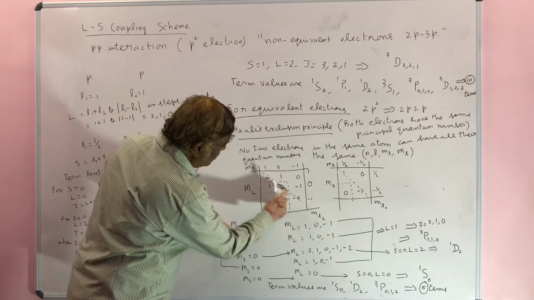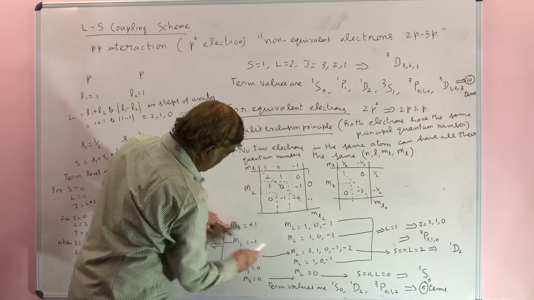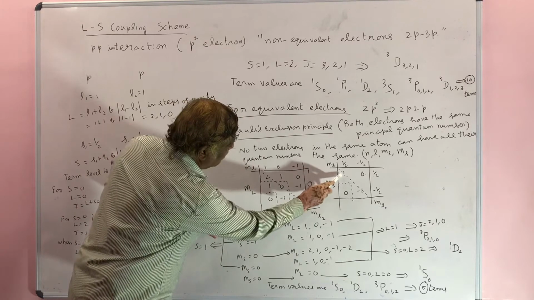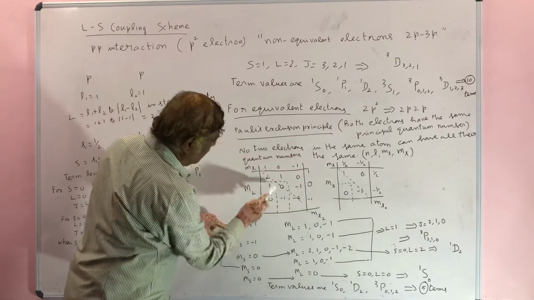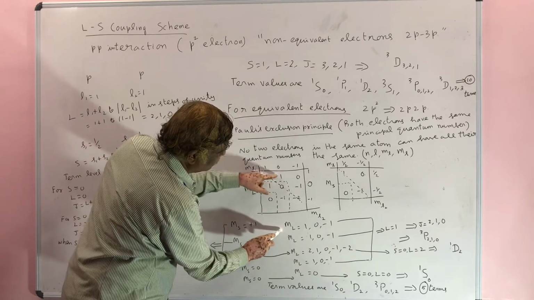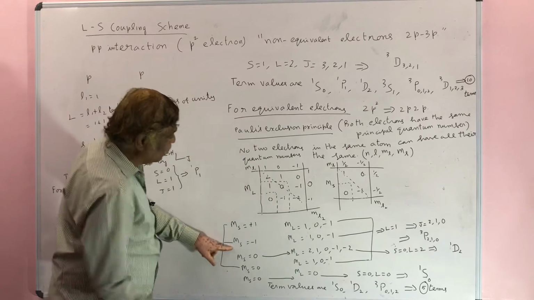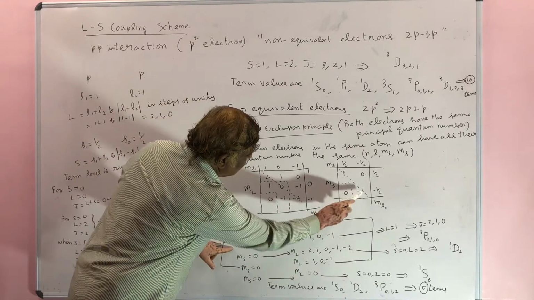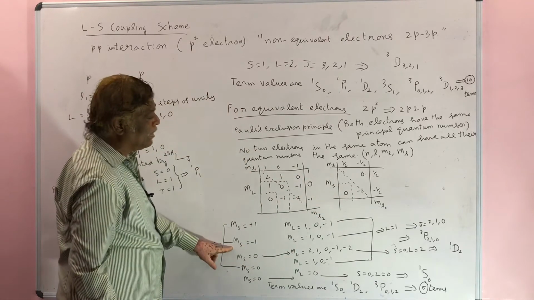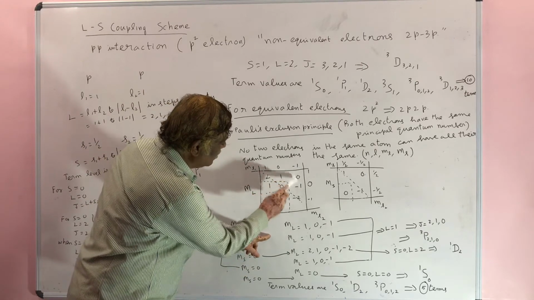If you don't choose this one, the remaining values are 1, 0, minus 1. So if we choose Ms equal to plus 1 in the diagonal term, then the numbers in the off-diagonal term must be chosen, Ml equal to 1, 0, minus 1. And if we choose Ms equal to minus 1, this is again a number in the diagonal term, then Ml has only the possibilities 1, 0, minus 1.